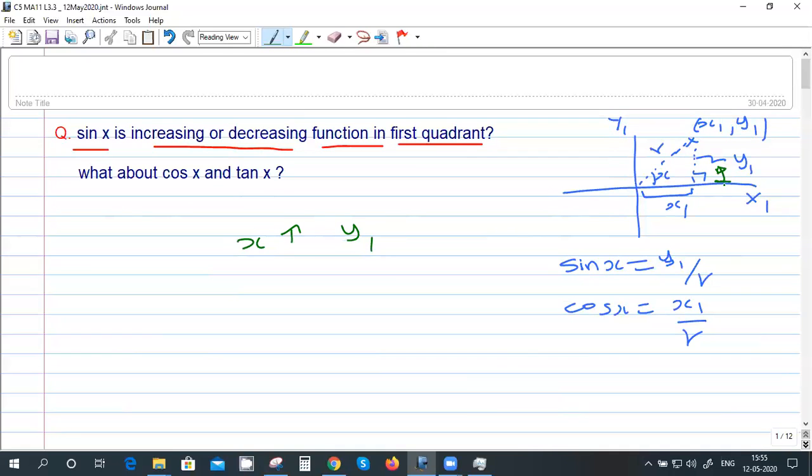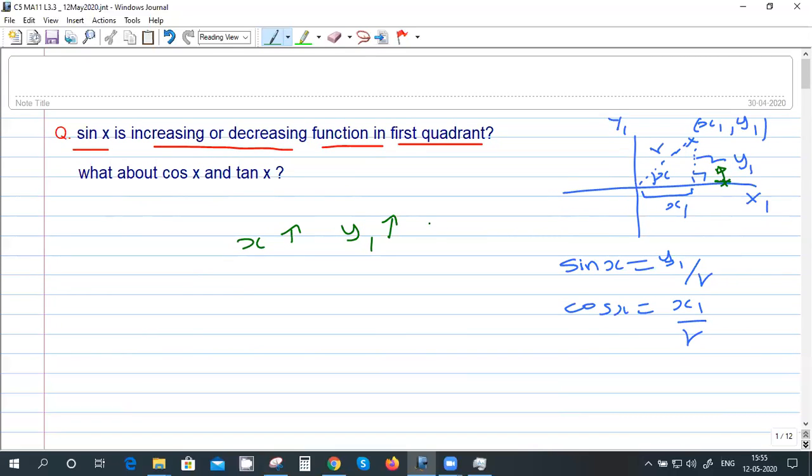At this point, y1 is some value, right? After that, we'll move here. What is the value of y1 at this point, on the x1 axis? 0. So as you increase x, the value of y1 will increase. Okay, so y1 increases.